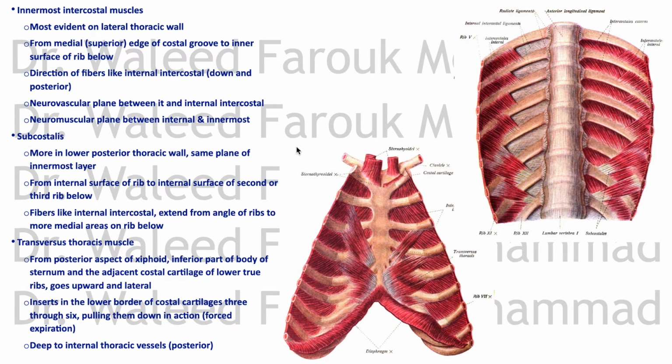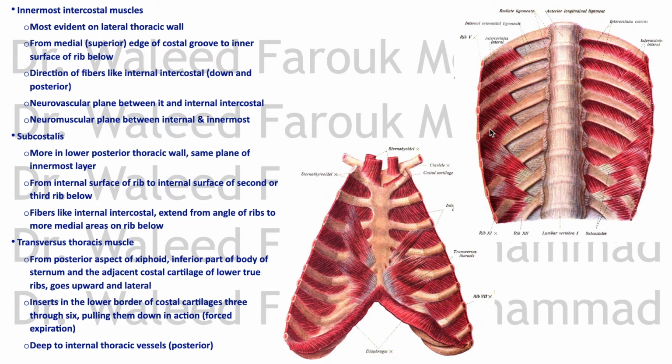The innermost intercostal has the same direction of fibers as the internal intercostal, so you cannot actually distinguish it from inside, other than that it's more prominent on the lateral side. They are more prominent on the lateral side of the thoracic cage, not the whole space like the internal and the external intercostal.